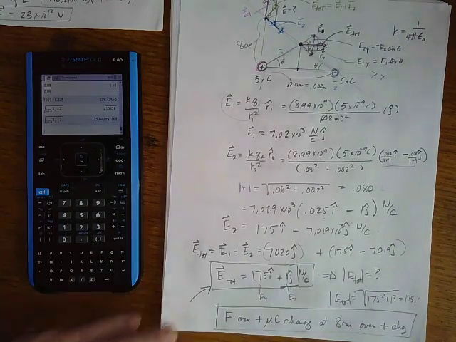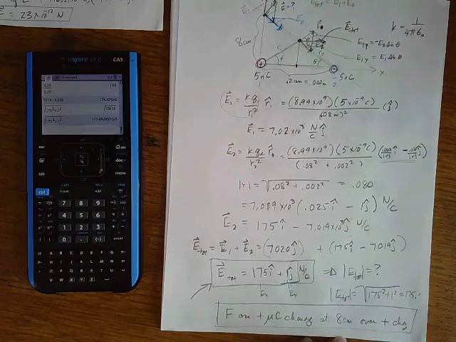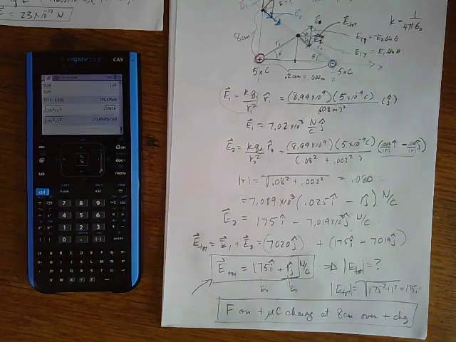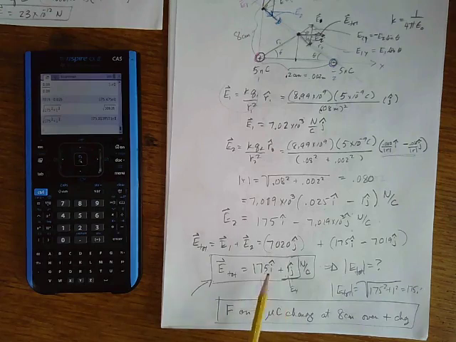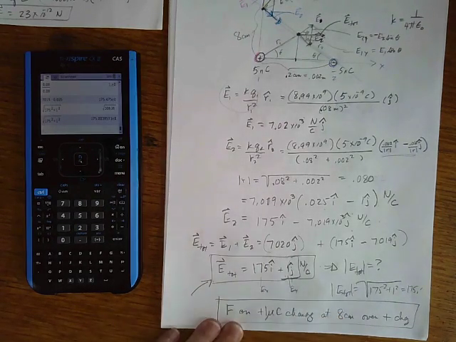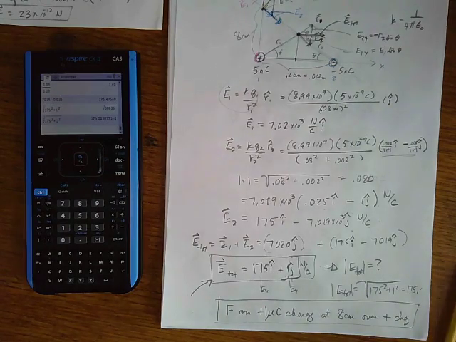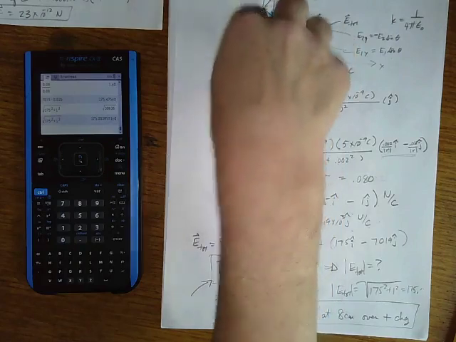Okay, so there's an exit ticket online, and use this information here and what we talked about in class today to calculate the force at this point, knowing that the electric field at that point is this value. Okay, so plus 1 microcoulomb charge at 8 centimeters above this end of the dipole.